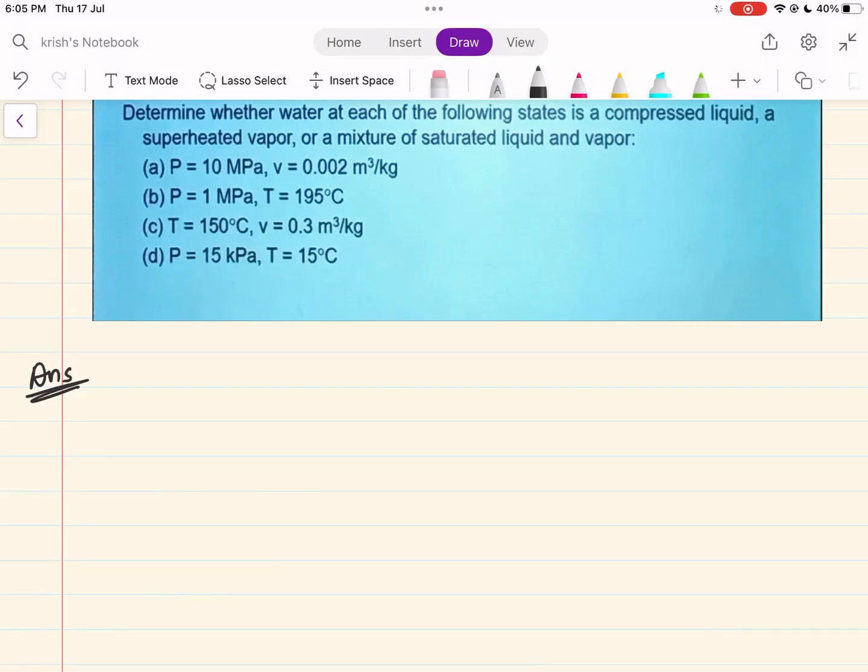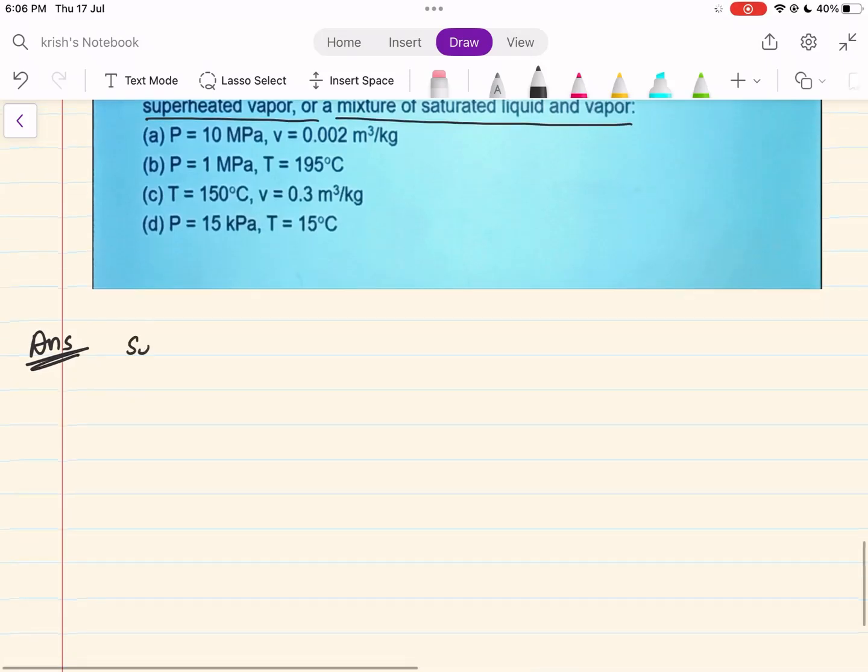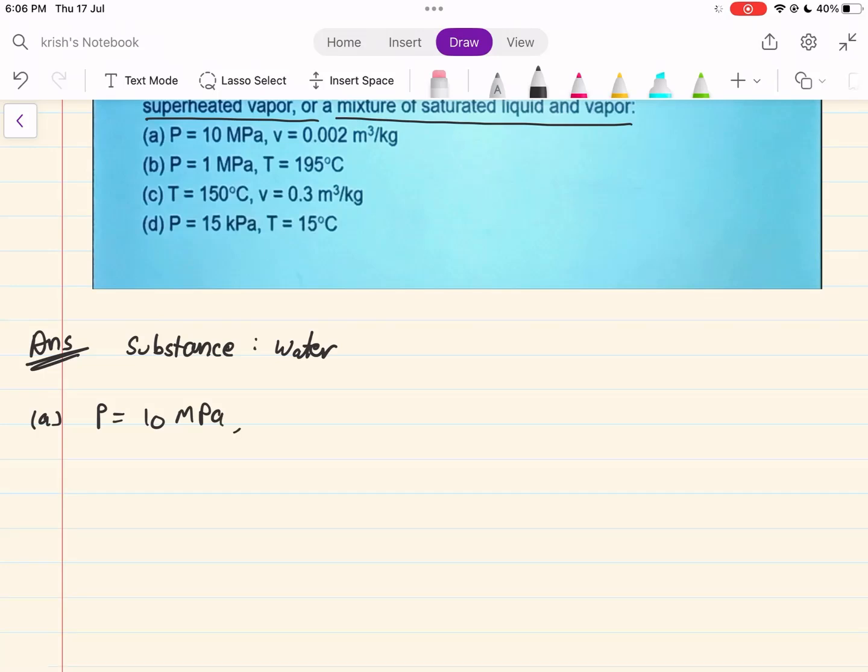Determine whether water at each of the following states is a compressed liquid or a subcooled liquid, a superheated vapor, or a mixture of saturated liquid and vapor. So the substance is water. Let us look at the first part. P equals 10 megapascal. V equals 0.002 meter cube per kg. 10 megapascal is 10,000 kilopascal.